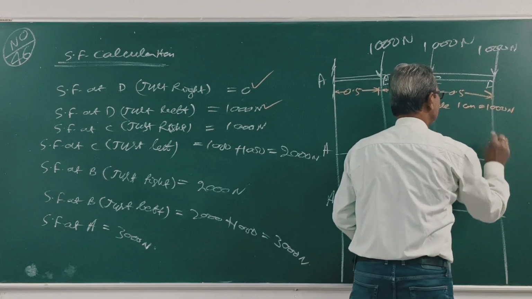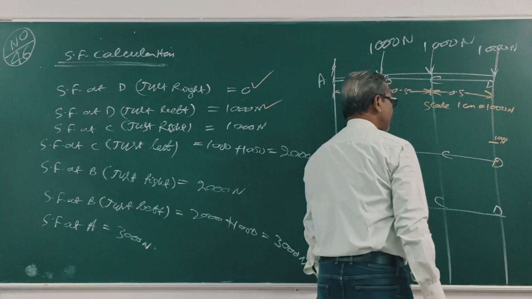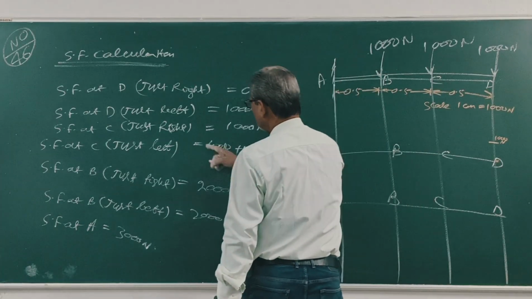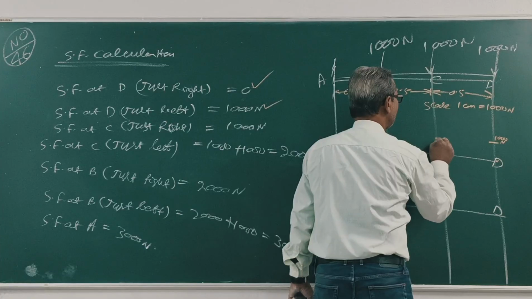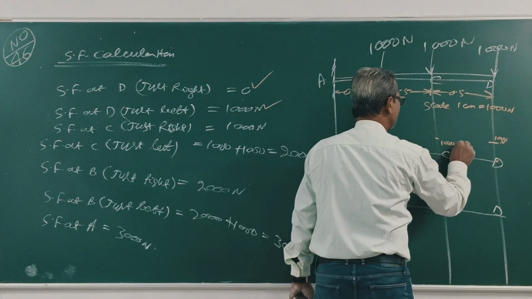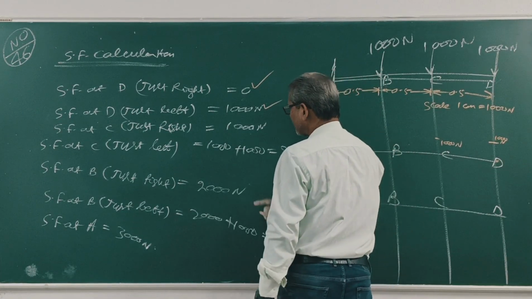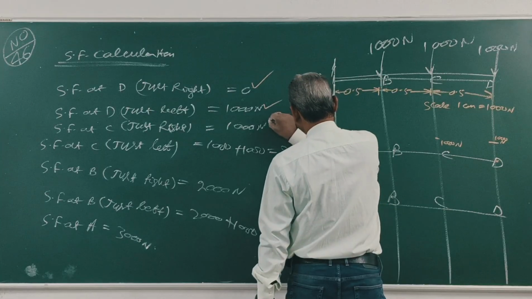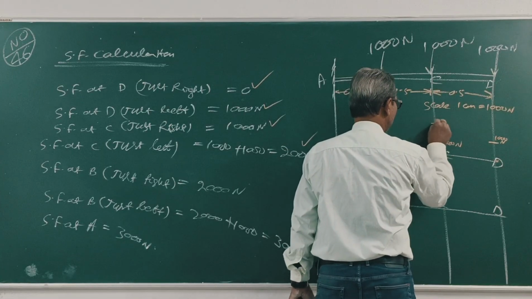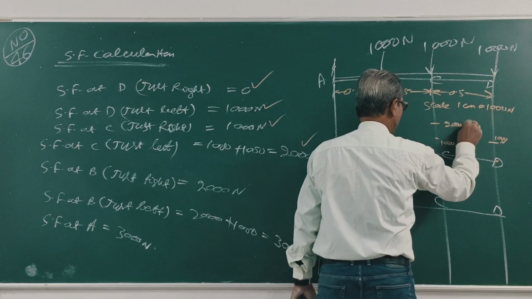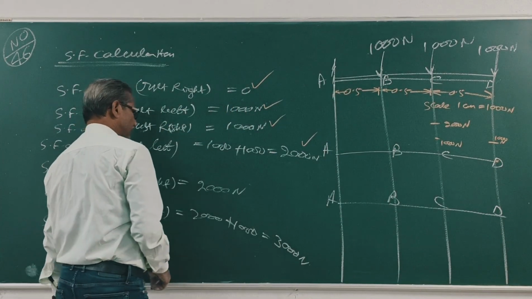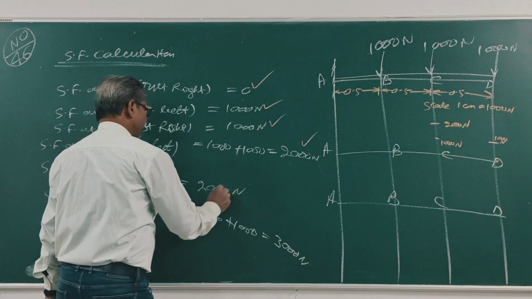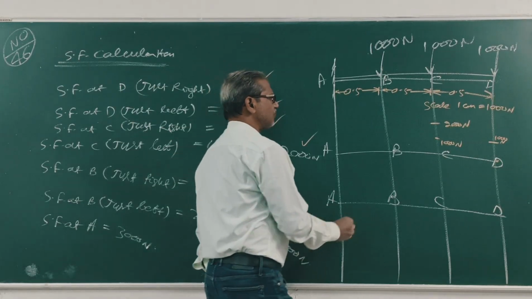Clear? At D, C just right 1000 Newton. Just left 2000 Newton. C just left, B just right 2000 Newton.